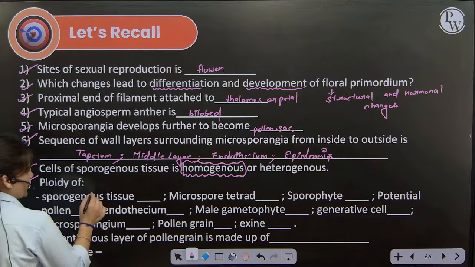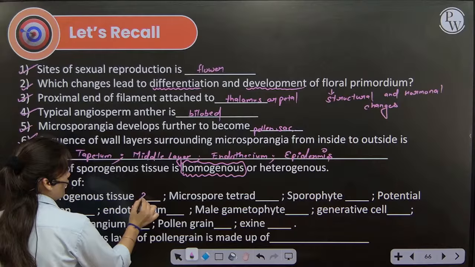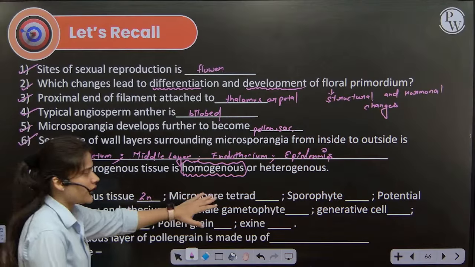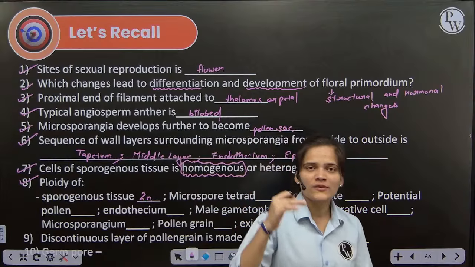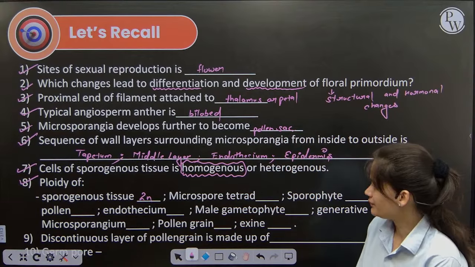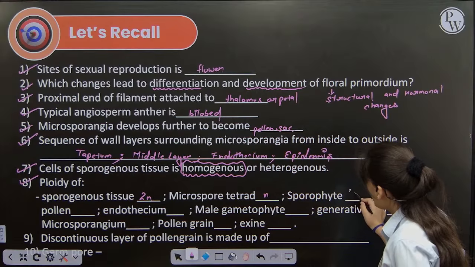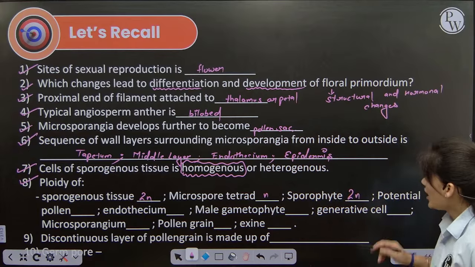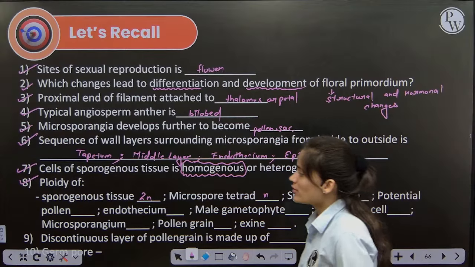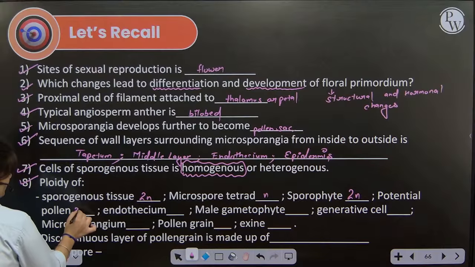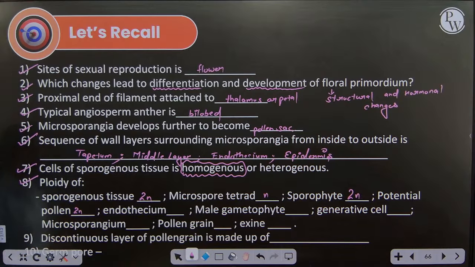Sporogenous tissue is part of the sporophyte and we know the sporophyte is diploid. Microspore tetrad is formed by meiosis, so this is haploid. The sporophyte, the main plant body, is diploid. Potential pollen is also known as sporogenous tissue cell or microspore mother cell. It is also 2N.